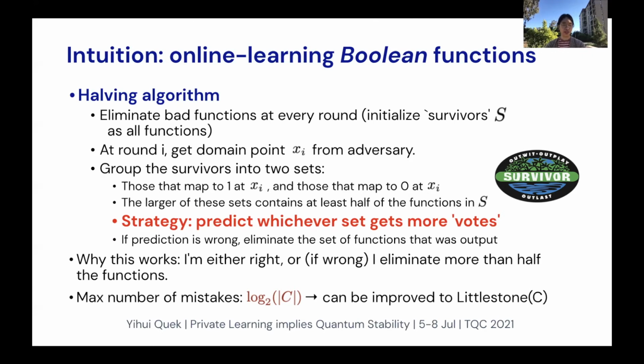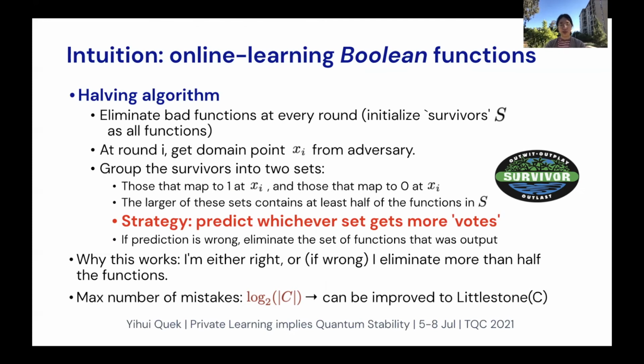This is because the larger set contains at least half of the functions. So every time the learner makes a mistake, the learner also gets to whittle down the size of the surviving set by at least half. It's not hard to see then that the maximum number of mistakes that such a learner could make is log 2 of the size of the function class.